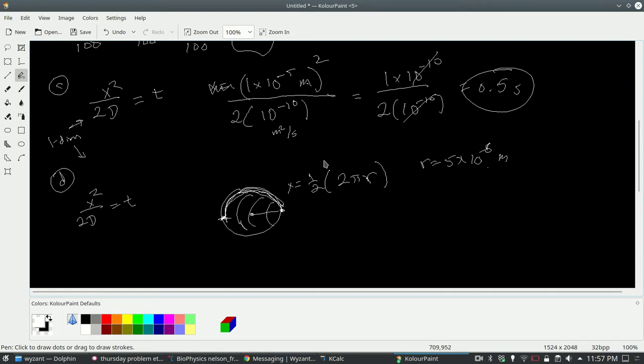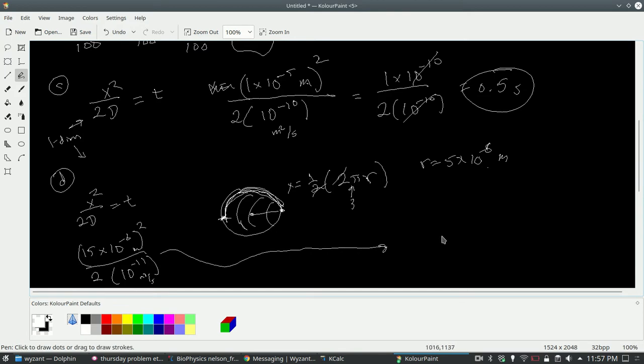So that's going to be, I'm going to just say that pi is 3, 3 times r, which is that. So it's going to be 15 times 10 to the minus 6. I'm going to square that, divided by 2D. D, in this case, they said it's 10 to the minus 11. All right? And this is still meters, and this is still meters squared over seconds.